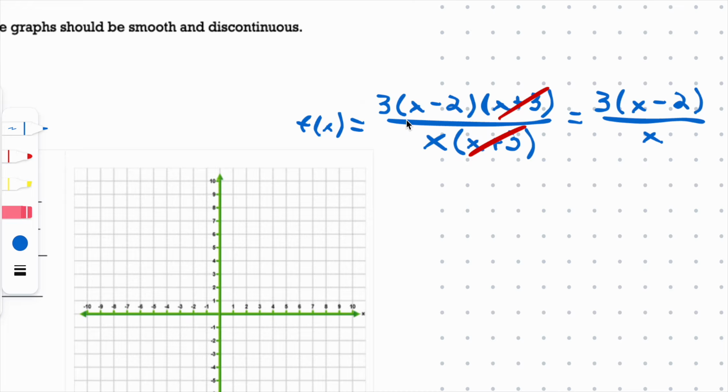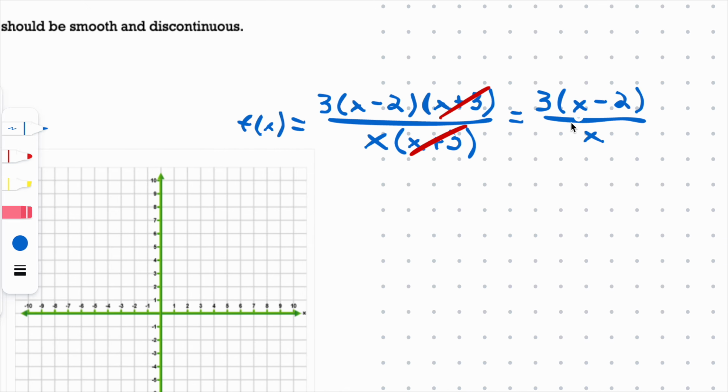Because when x equals -3, we have a 0 here, and so no matter what this is, multiplied by 0 is 0, and same for the bottom. So we're going to have 0 over 0, that's undefined. Whereas here, we can plug in -3 and be totally fine. So what we want to do is plug in -3 to this function and find what that is and put a hole on our graph.